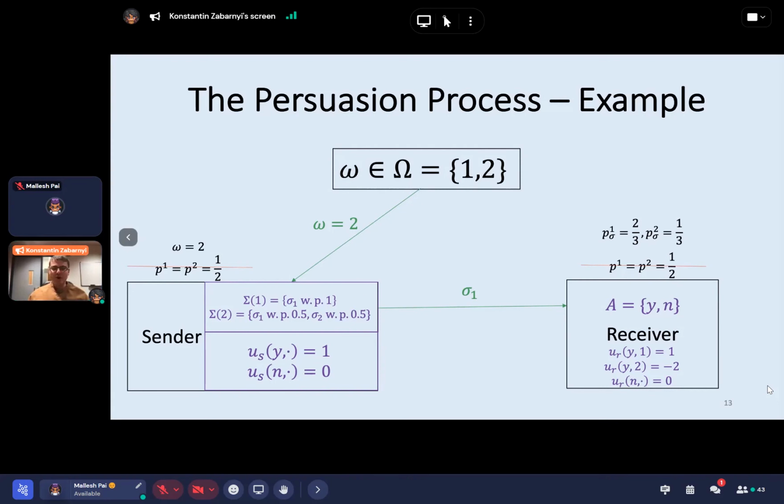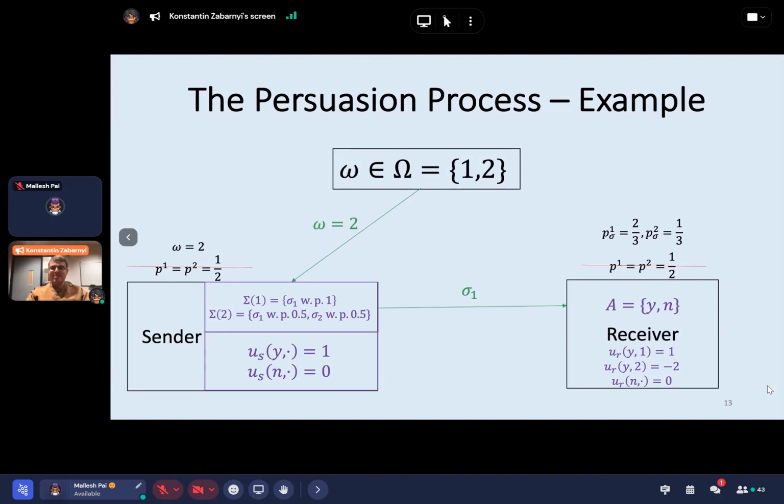But because the probability to send the signal sigma 1 in state 1 is twice the probability to send this signal in state 2, to balance it, upon getting the signal sigma 1, the posterior probability that the state is 1 must be twice the posterior probability that the state is 2. And therefore, the posterior is 2/3 for state 1 and 1/3 for state 2.